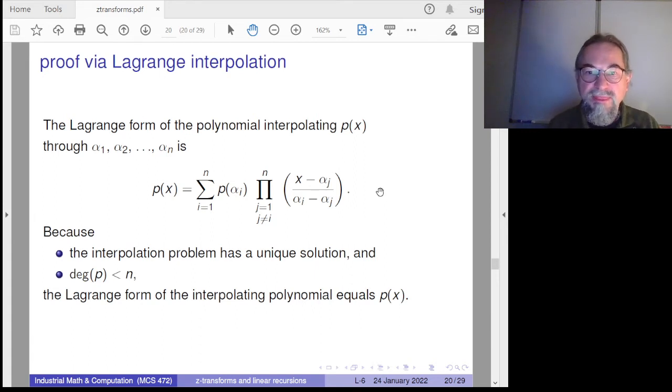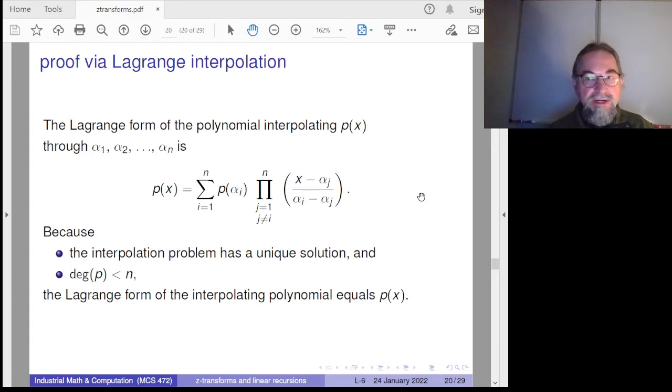When x is not alpha I, then one of the numerators is 0. So the product here looks a little bit daunting, but the product is a 0, 1 function. We call it a Lagrange polynomial. It looks complicated, but it's very, very convenient here. We will use this as a way to prove the partial fraction decomposition.